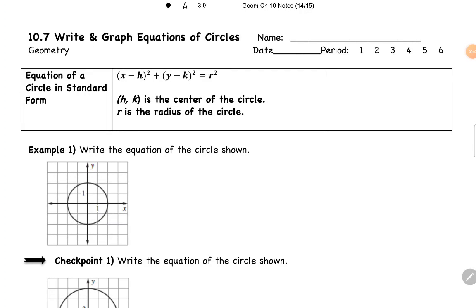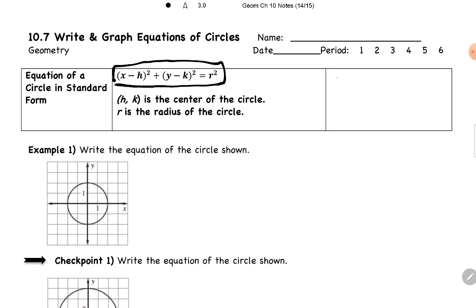Today we'll be writing and graphing equations of circles. So this is an equation of a circle in standard form, where h and k are the center of the circle and r is the radius.